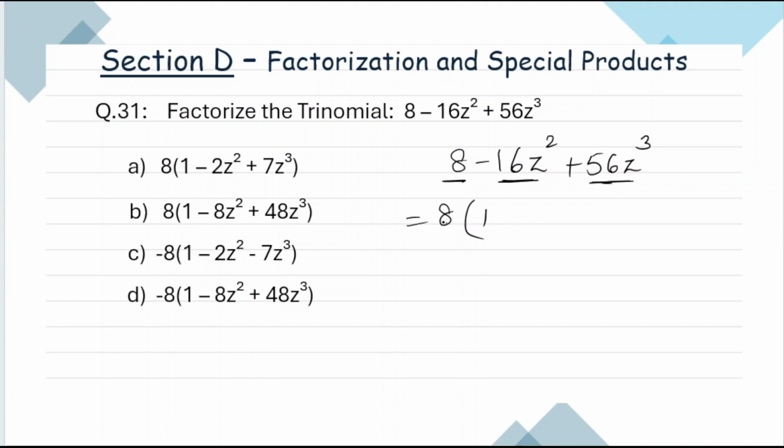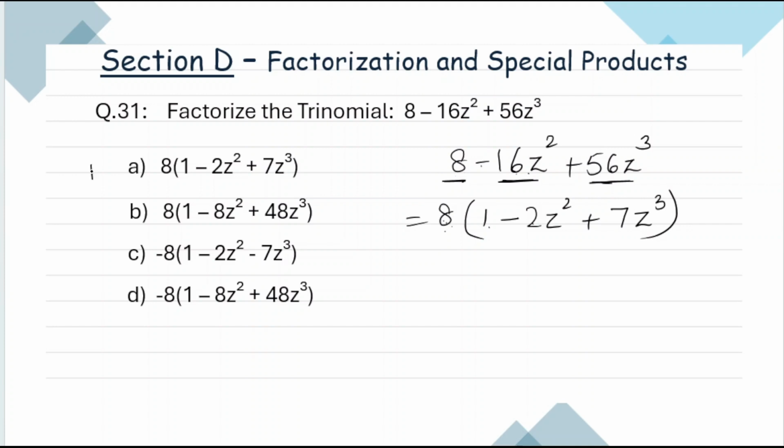Or you can divide 8 with 8. Minus. What is 16 divided by 8? 2. So 2z square. So see, 8 times 1 is 8, 8 times 2 is 16z square. We are getting our polynomial as the answer. Plus 56 divided by 8, 7z cube.